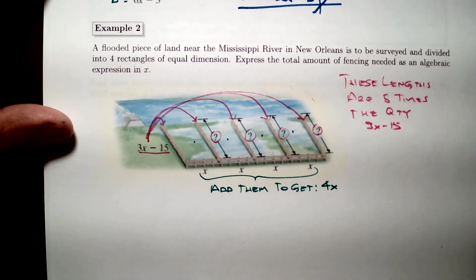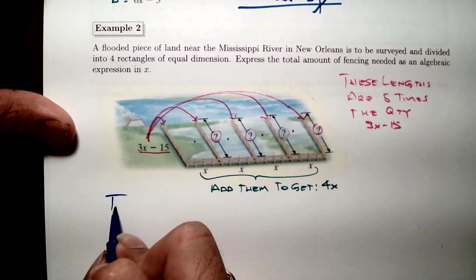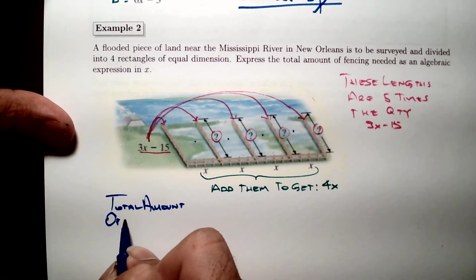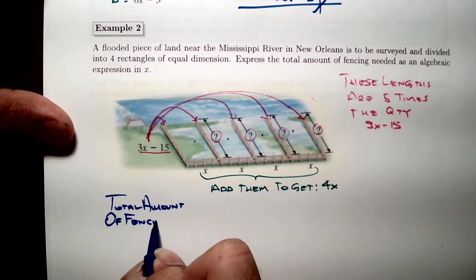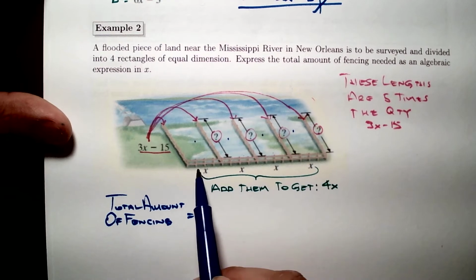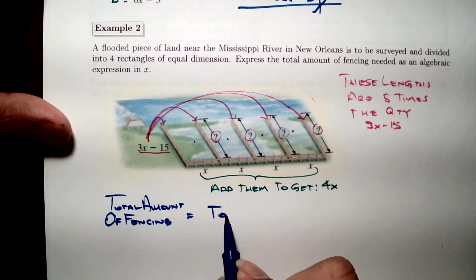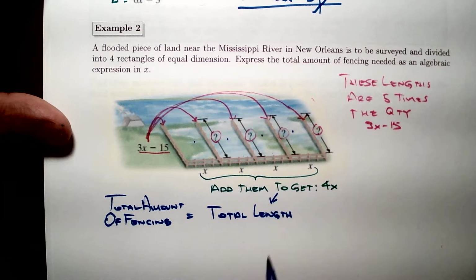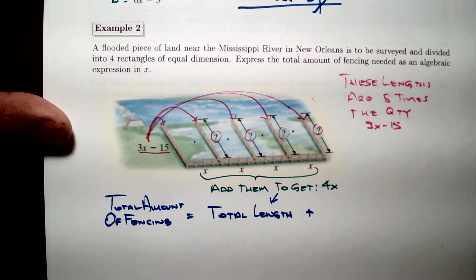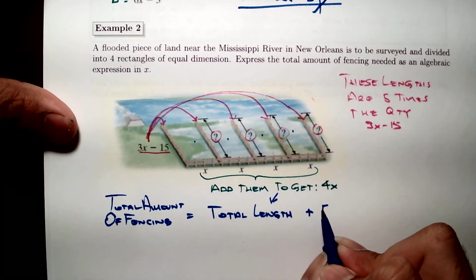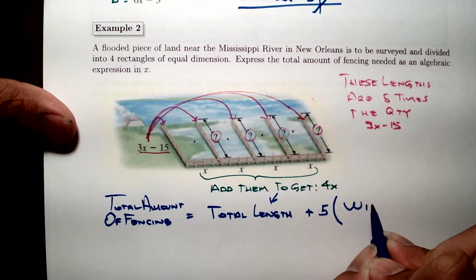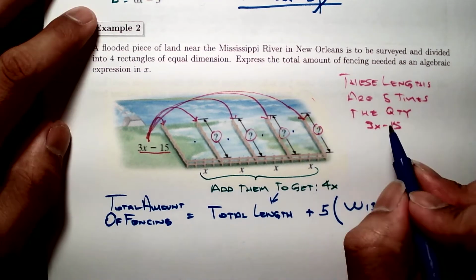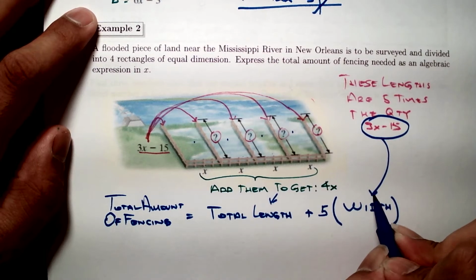So the perimeter, or I'm going to call it simply the total amount of fencing, is going to be the total length, which is that quantity there, plus 5 times the width, which in this case will correspond to this quantity.